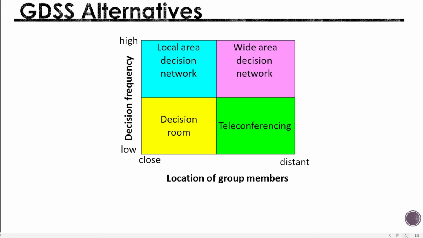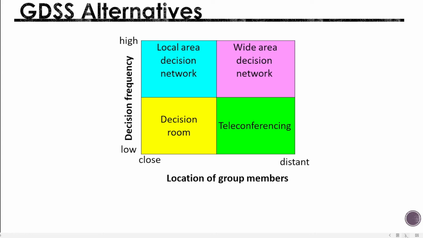Okay. So we have here four. You could use local area decision network, wide area decision network, decision room, or teleconferencing. Let's start with decision room.